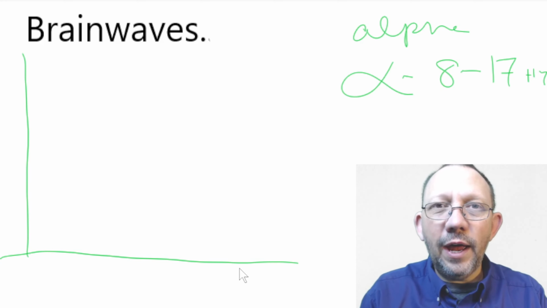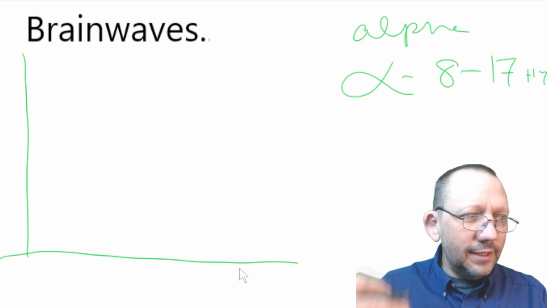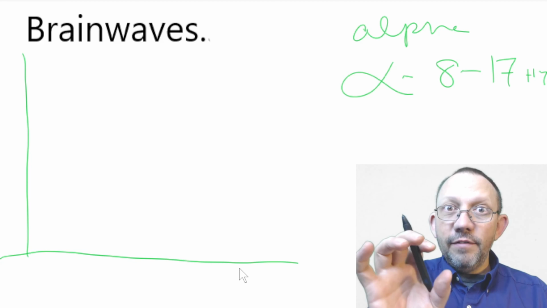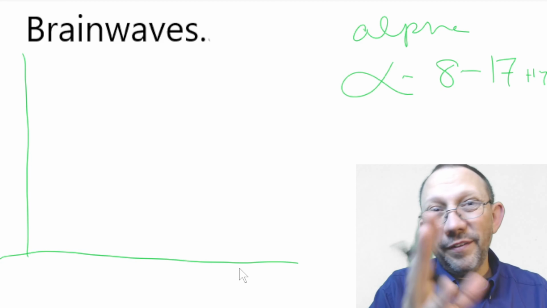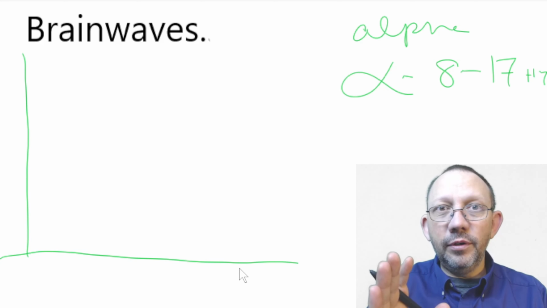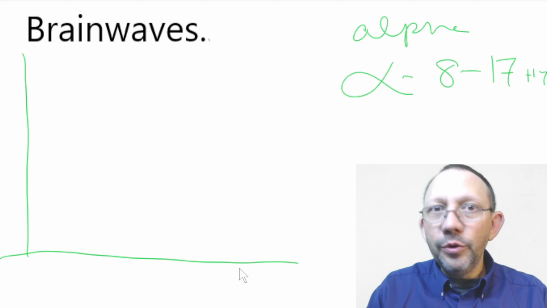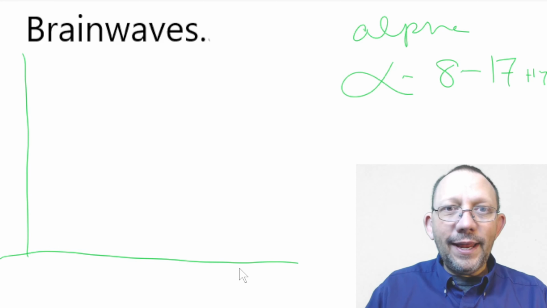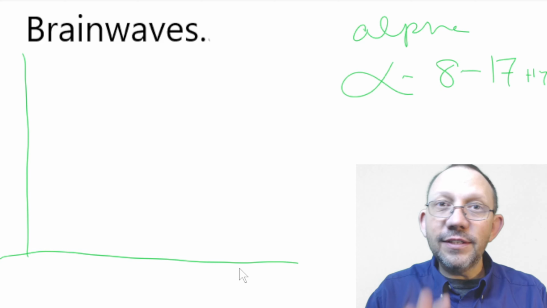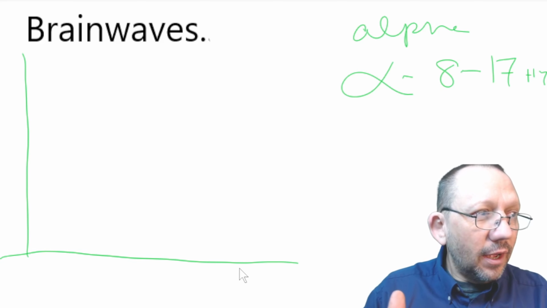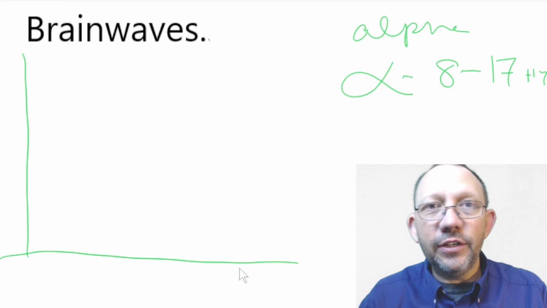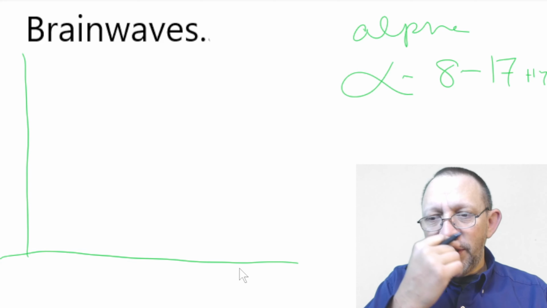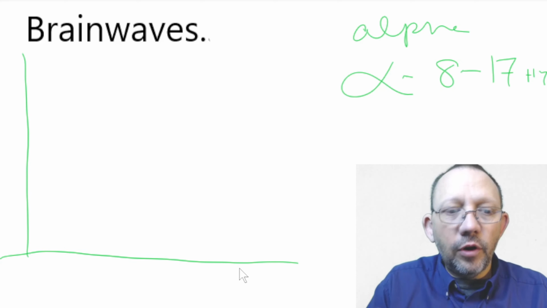Notice that delta was between 0.5, or 1 every 2 seconds basically, to about 4, and then theta was 4 to about 8, and this one's 8 to about 17. This is kind of like you are relaxed, but you're doing passive attention. You're vegging out. You're watching TV. You're watching the grass grow, basically.